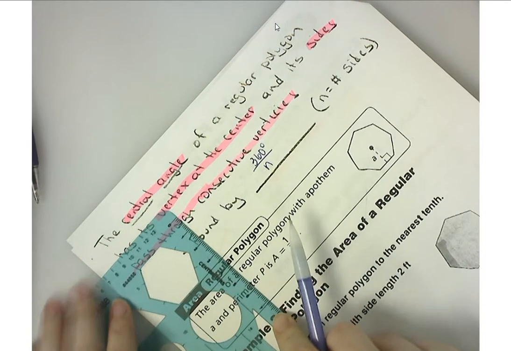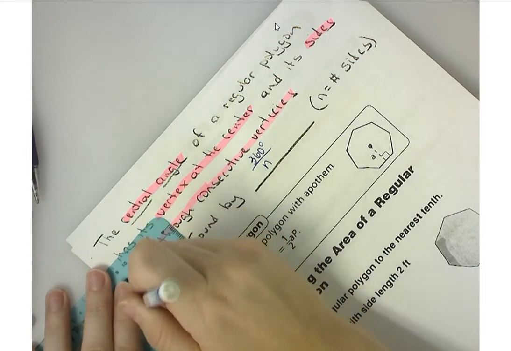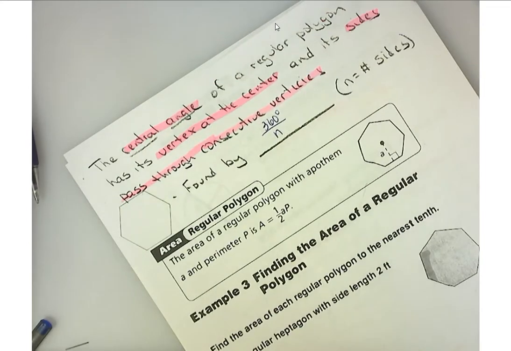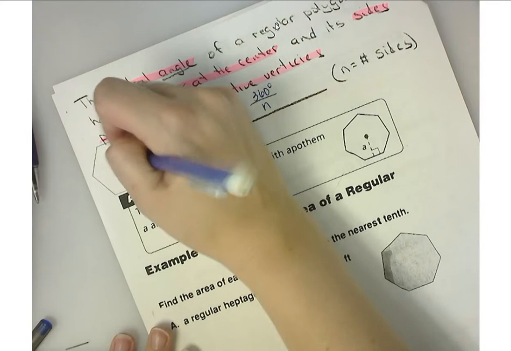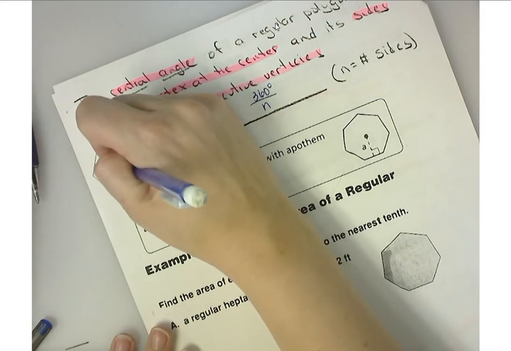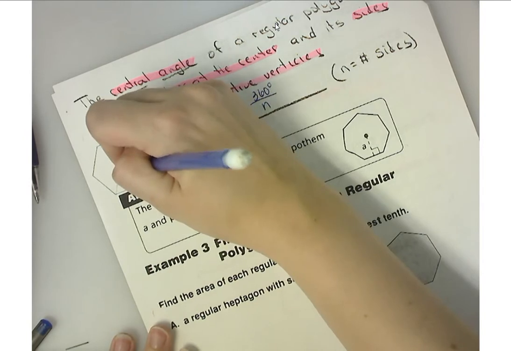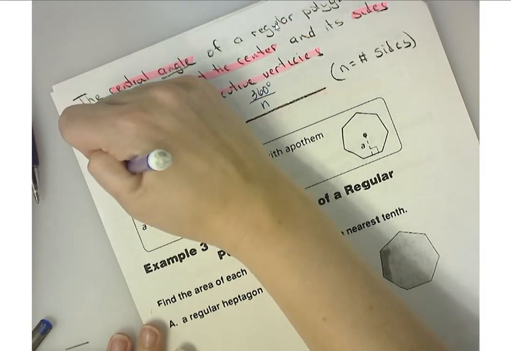Okay, so if we use my hexagon buddy, then the central angle is going to be right here.